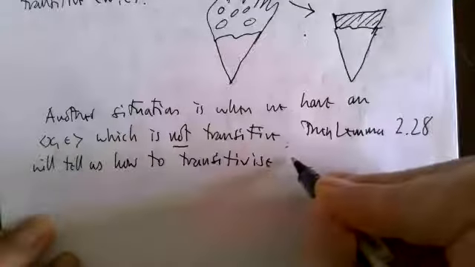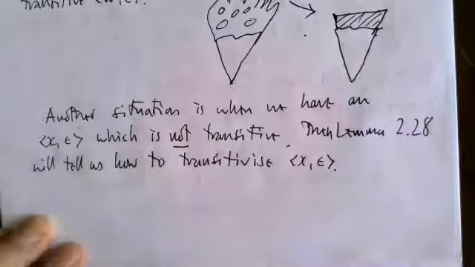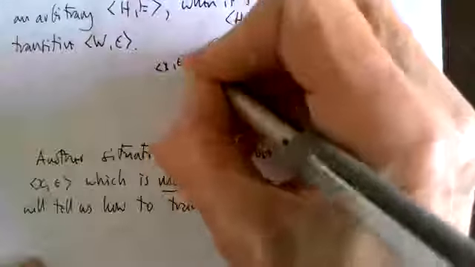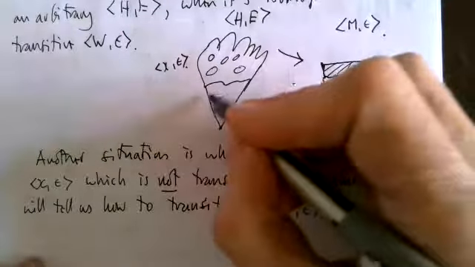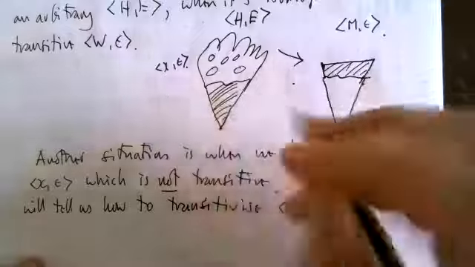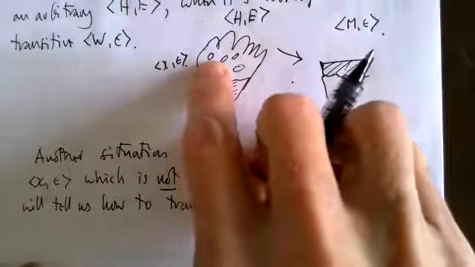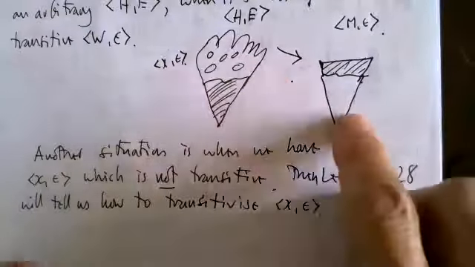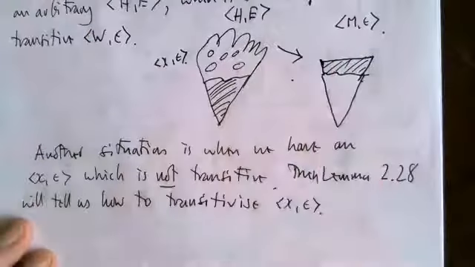So I'm recycling this diagram here. It might be that part of X is transitive, has no holes in, it's nice and solid down here, but then there may be sets in X up here which are missing elements, which are these holes. And the so-called collapsing lemma that's coming up will tell us how to collapse this to squeeze the air out of the holes.